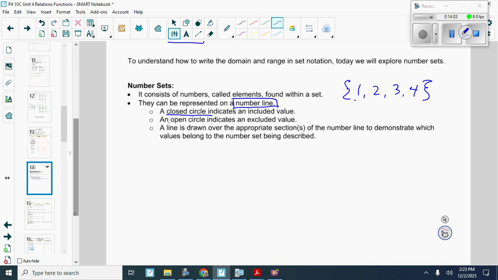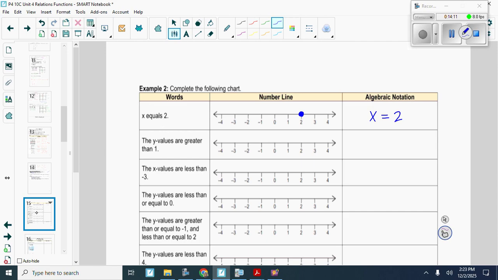An open circle indicates that we don't include the value. It's excluded. What does that look like? The y values are greater than 1. Is 1 included? No, we have to be greater than 1. So we go to 1 and put a circle where it is on the number line.